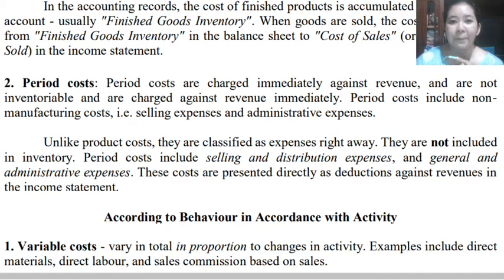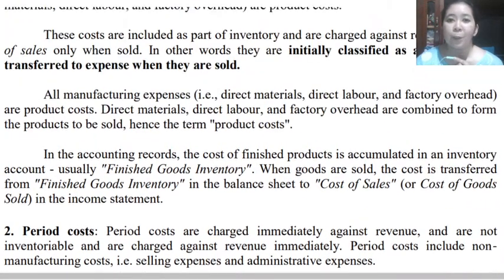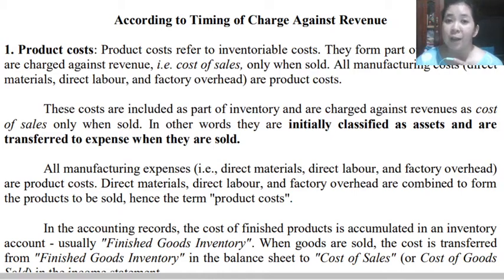Again, these costs are presented directly as deductions against your revenue in our income statement. So the entry will be to debit the expense account, credit to cash or accounts payable, or other accounts that are appropriate. Those are the two types of costs under the timing of charge against our revenue.